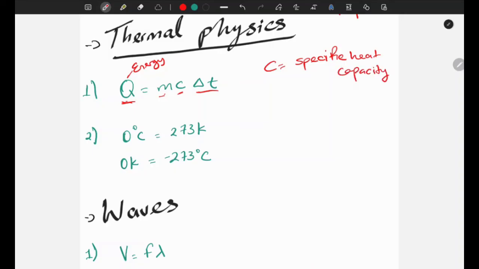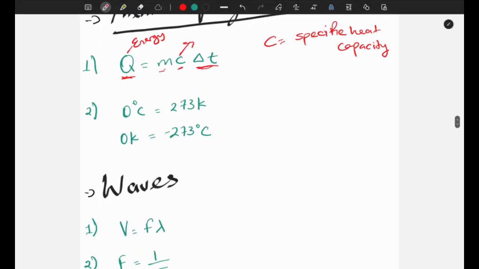Specific heat capacity is the amount of energy needed to raise the temperature of 1 kilogram of water by 1 degree Celsius. And don't worry, these values would be given if they ask you to calculate energy. And change in T is the change in temperature, so we subtract the initial temperature from the final temperature.